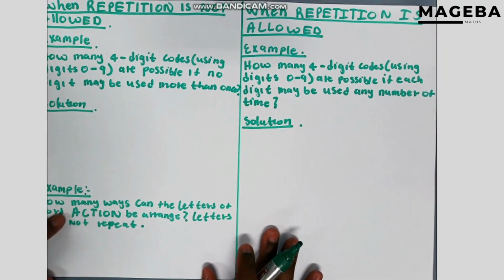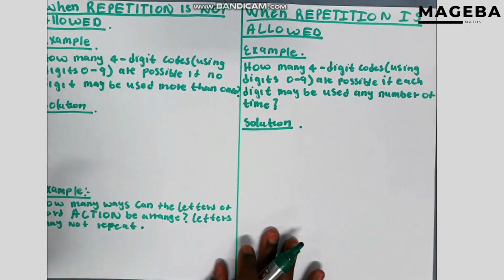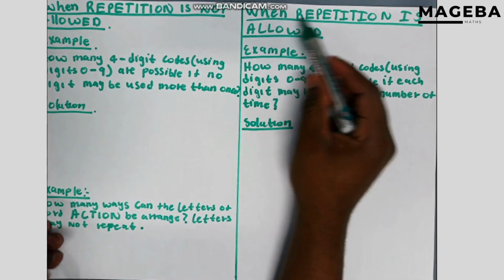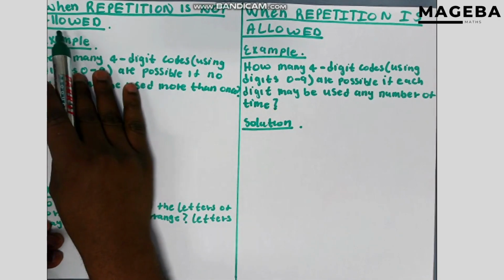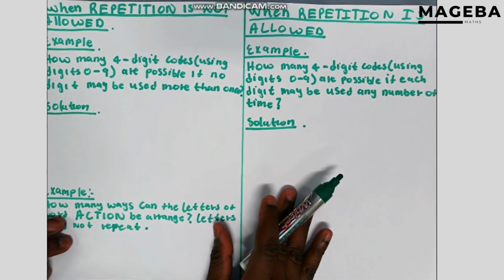Now, coming to the digit code, there is something important to note: when repetition is allowed, and when repetition is not allowed. We're going to start here.